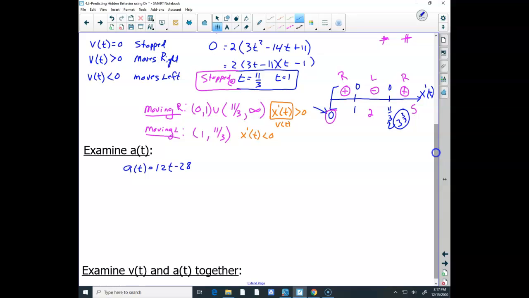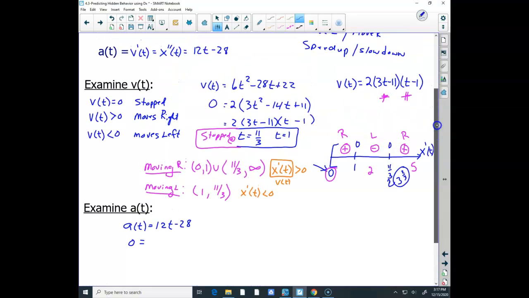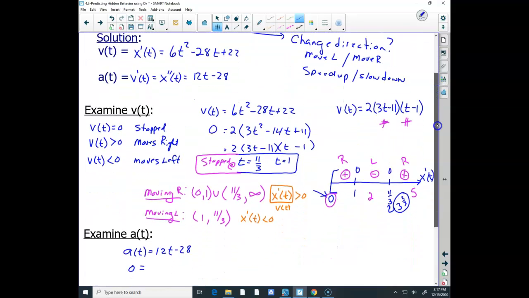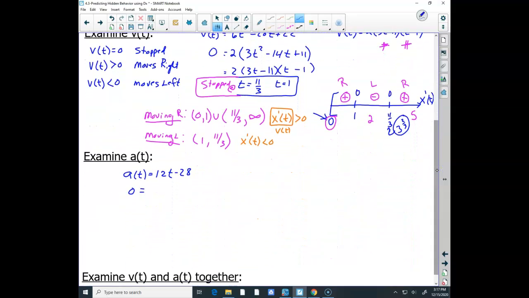Well, I'm kind of a factor freak. We do want to know when a of t is 0 or undefined. I should have talked about that back here, but I'm only worried about my critical values of increasing and decreasing because this is a polynomial function. I'm not worried about where it's undefined, only the zeros.